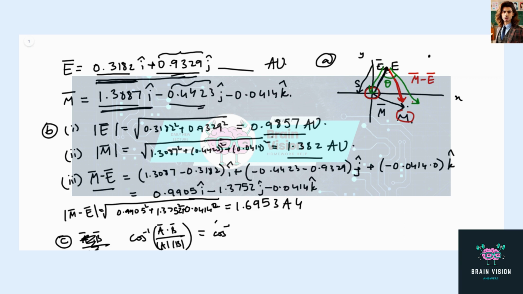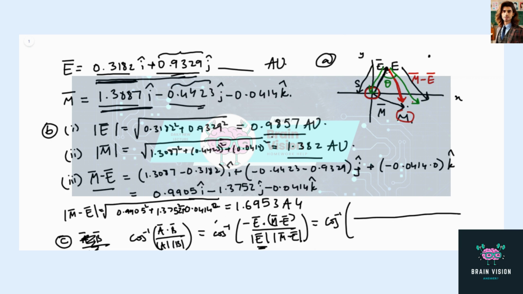Hence, our A is minus E, and our vector B is M minus E, divided by mod E mod M minus E. Now this turns out to be cos inverse of, we know that mod E is simply 0.9857 from here, and mod M minus E is simply 1.6953.